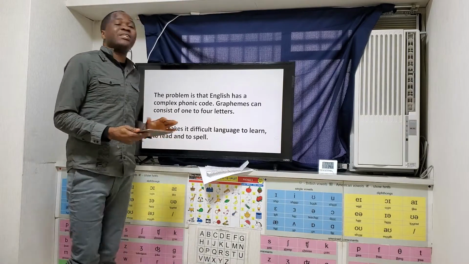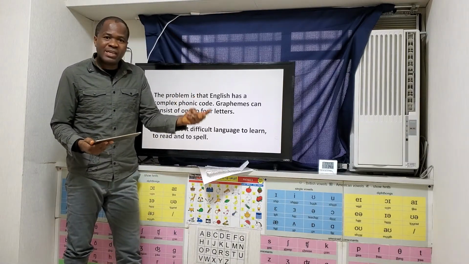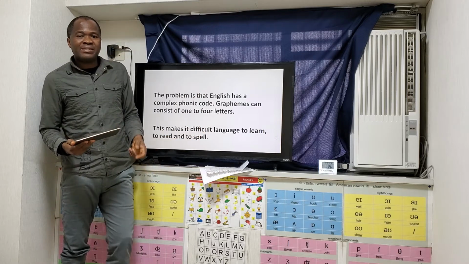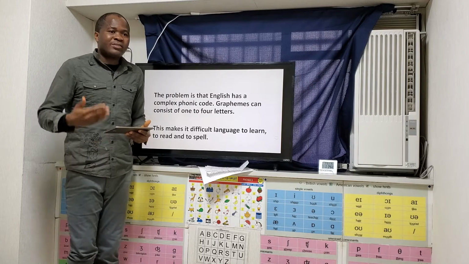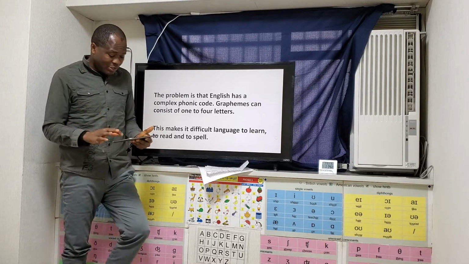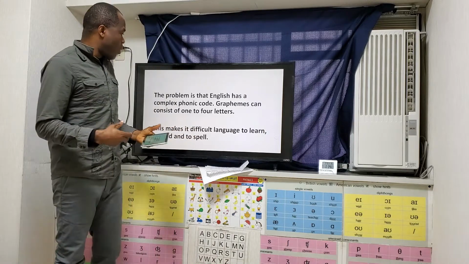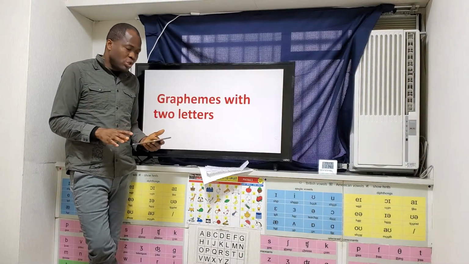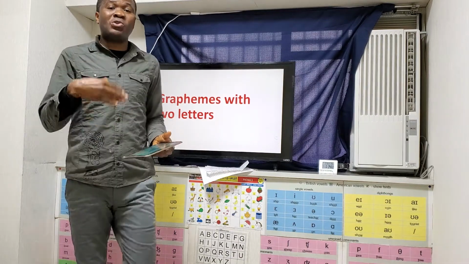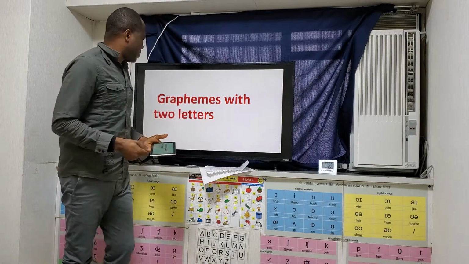If you don't pay attention to this concept in English, grapheme, phonemes, segmenting, digraph, diphthongs, and those terminologies, you find it difficult to decode sound from a word. Let's move on.